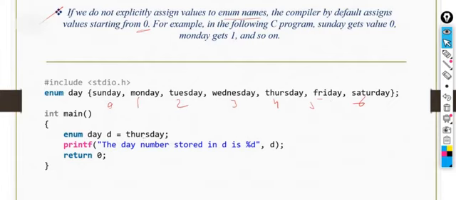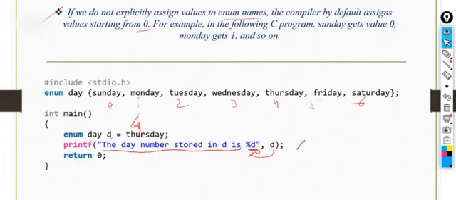So what will it print here? Thursday. For Thursday we have the value 4, right? So, 'The day number stored in D is'. Whatever you have written in the double quotes will print as it is, and at the place of percentage d, the value of the variable D will be placed. What is the value of D here? Thursday, and what will be stored is 4, the integer value of Thursday. That means the D value is 4.